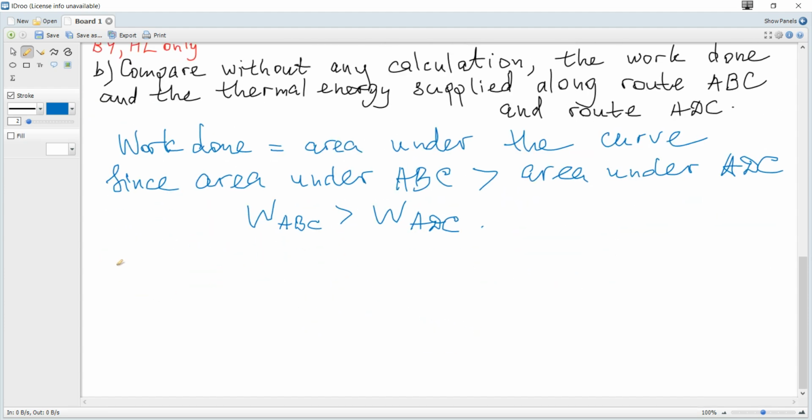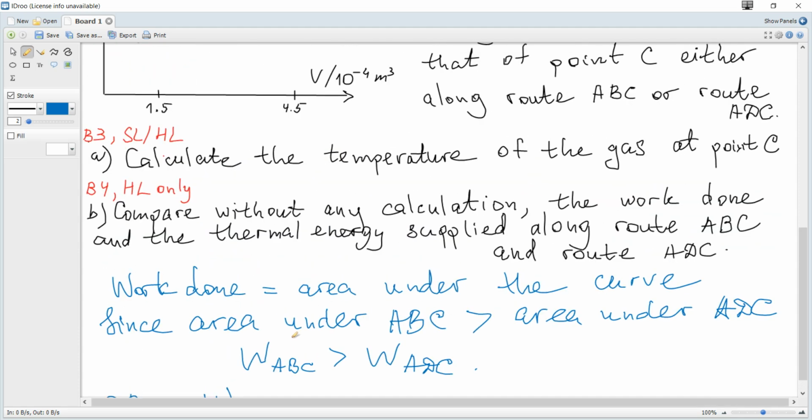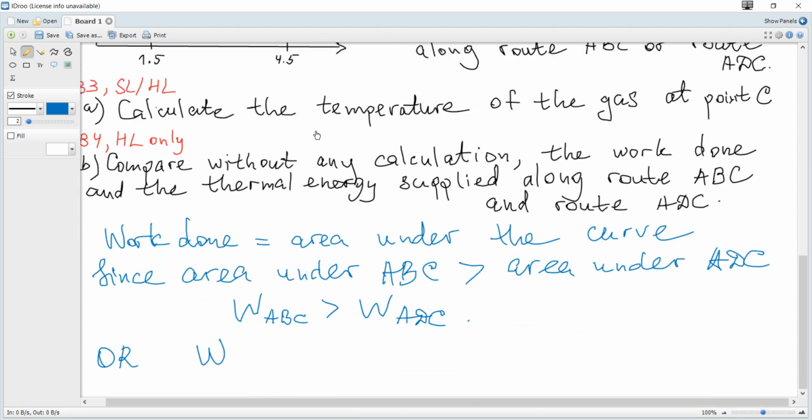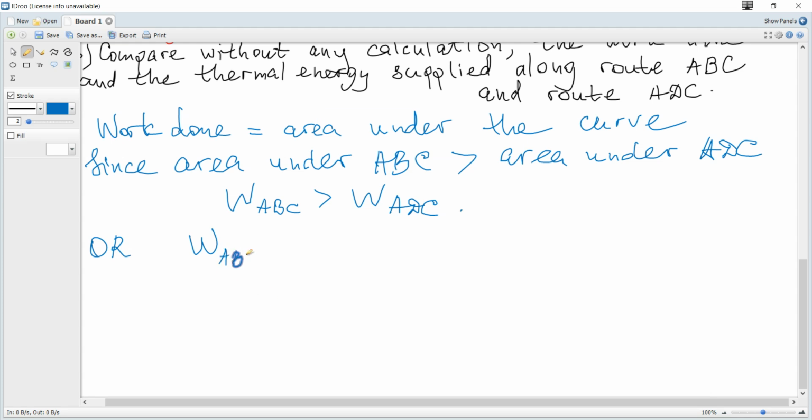Or using formulas, you remember that work is P delta V, provided pressure is constant. Work for ABC is equal to work for AB plus work for BC, and work for ADC is equal to work for AD plus work for DC.